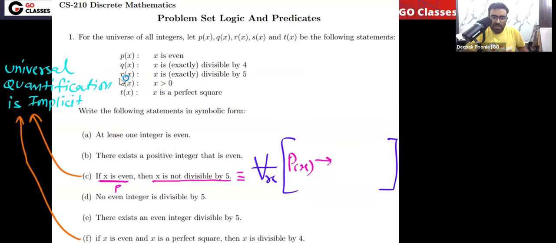You can see r means x is divisible by 5, so it is negation r, negation r of x. That's it. I hope you understood. So this is the important point, that this universal quantification was implicit.